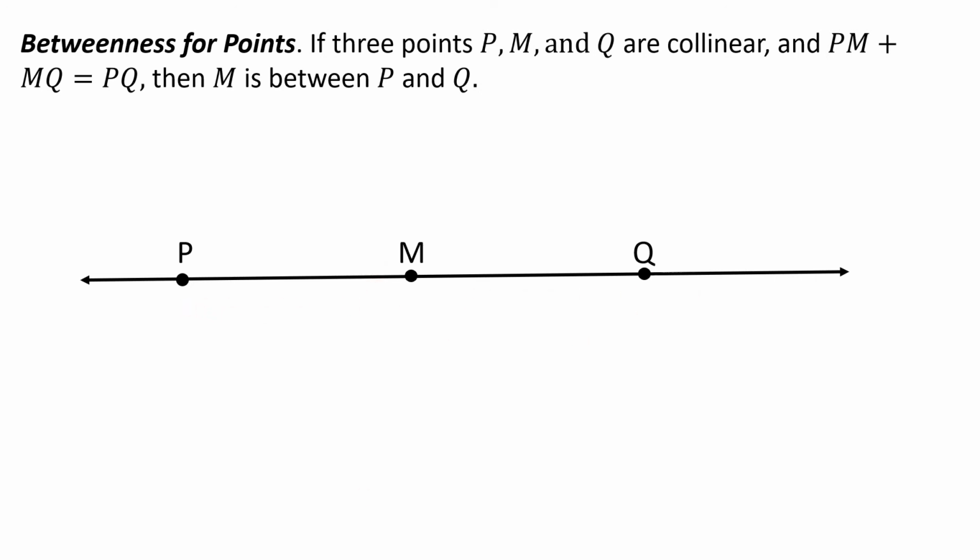So if you add these two segments, si segment PM, i-add mo siya kay segment MQ, and then ang total niya is segment PQ. Then, M is between P and Q.